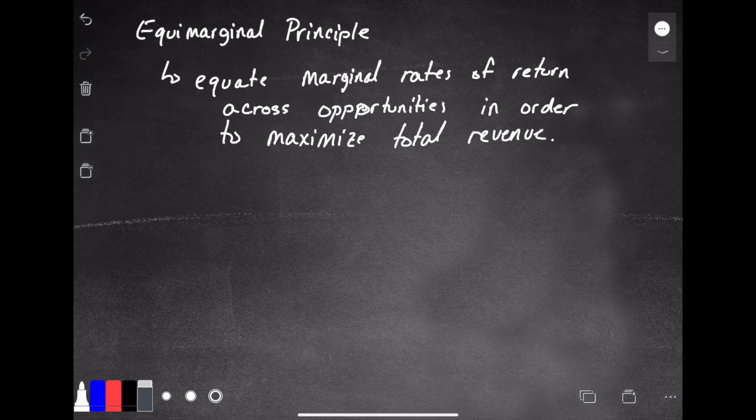In other words, what should be true in what we could call an equilibrium would be that the marginal payoff should be equal across opportunities.